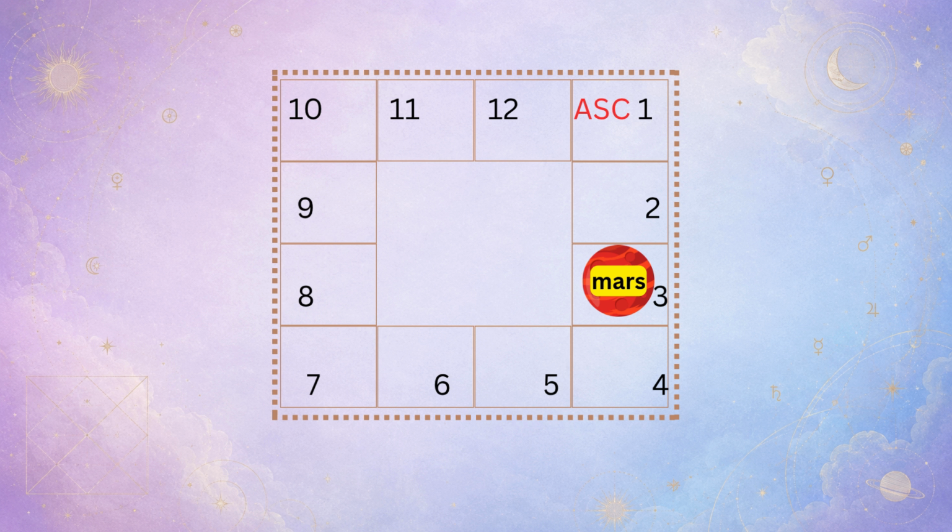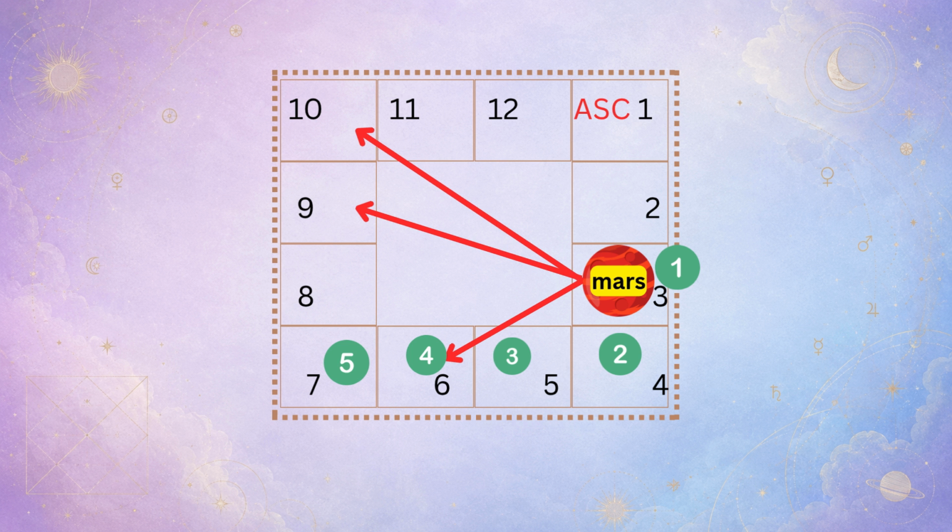Mars has a 4th, 7th, and 8th aspect. Here you can easily count the grids and place the aspect arrows and clearly see the houses and planets being aspected. It makes seeing connections easy and allows you more time to focus on reading the chart instead of checking every few minutes.